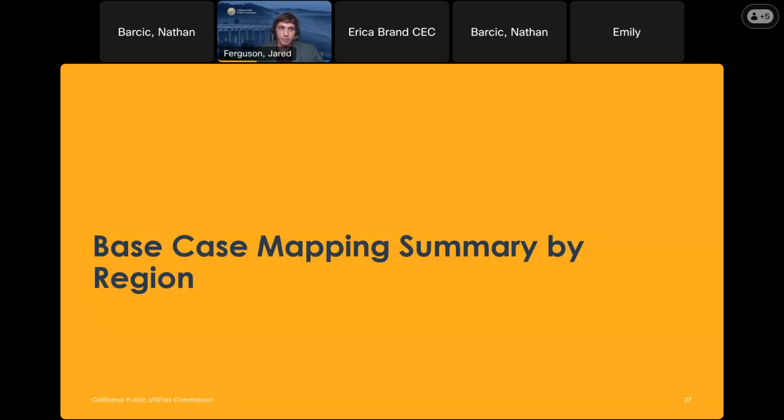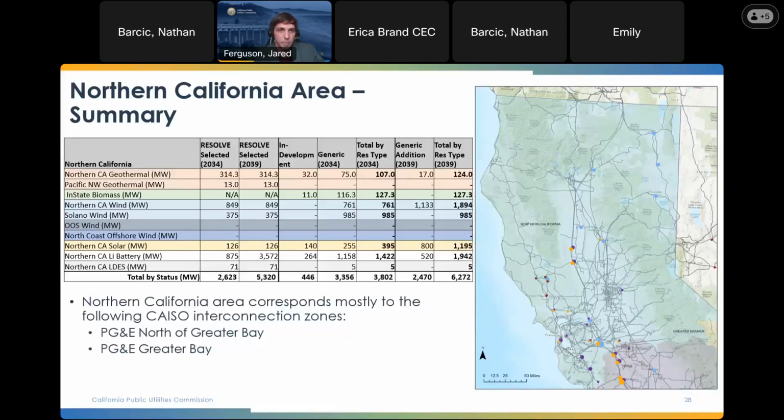So I will be skipping through some of these slides that are just showing the same results, presented in a slightly different organization between the RESOLVE resource area and the interconnection zone. With that, we can go to the next slide.